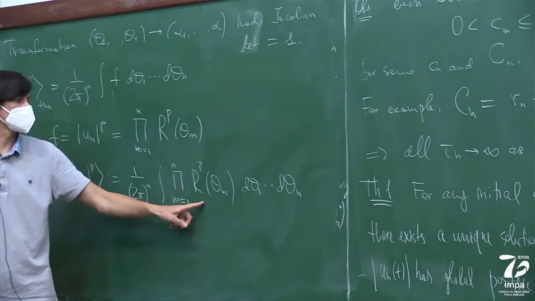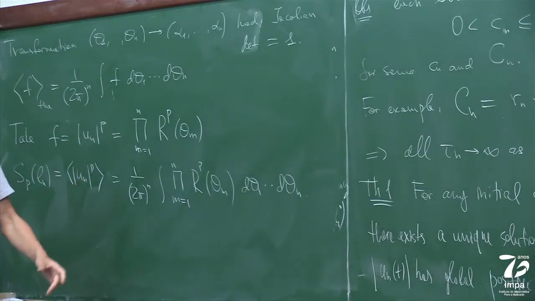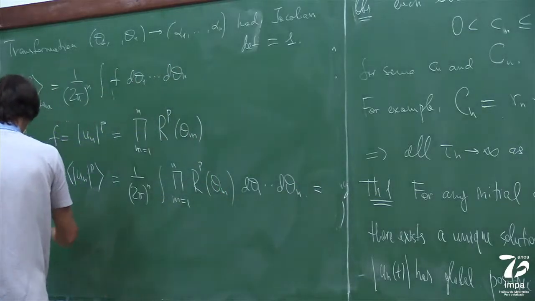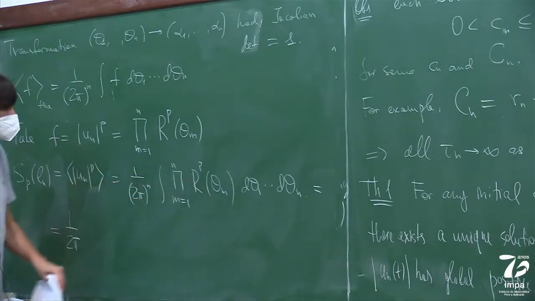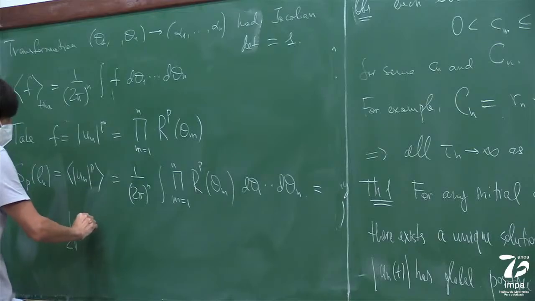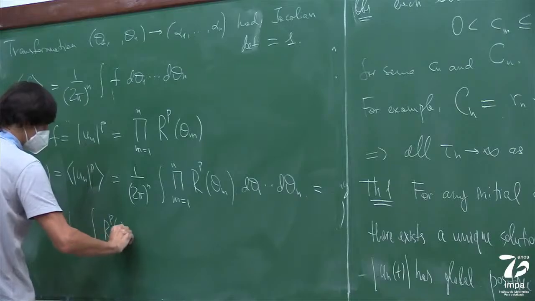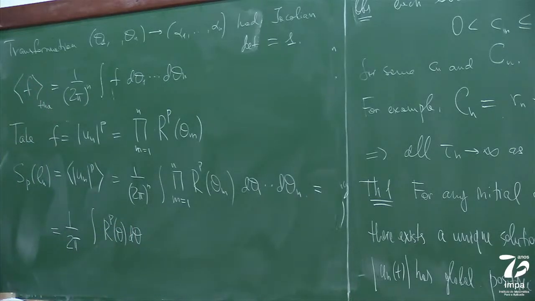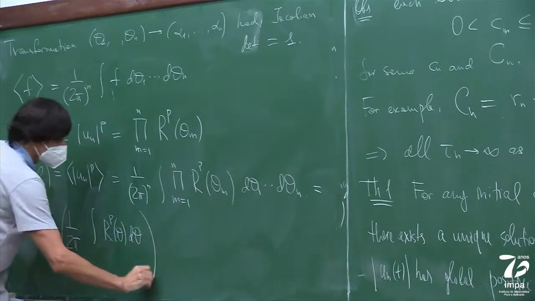Theta 1 integrates the term with m equal 1, theta 2 integrates the term with m equal 2, and so on. So this can be just factorized. And each term is the same. So now each term in this product will be just the integral of r to the power p of theta, d theta, because for every m it will be this integral. And it will appear n times here. We have the prefactor n times, so this power n.